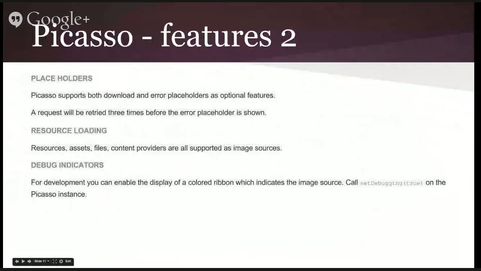I think there's a lot of other nice things that I actually didn't include in this slide about Picasso. Mainly that, out of all the APIs, I think Picasso is probably one of the cleanest ones to work with. It uses a builder pattern for setting up your image requests.